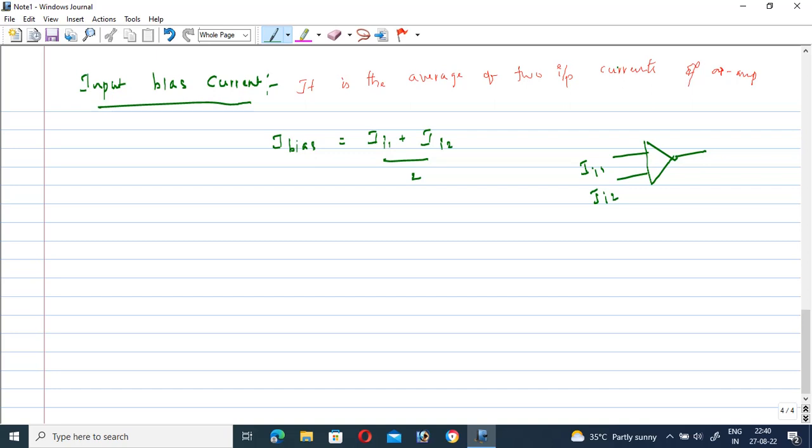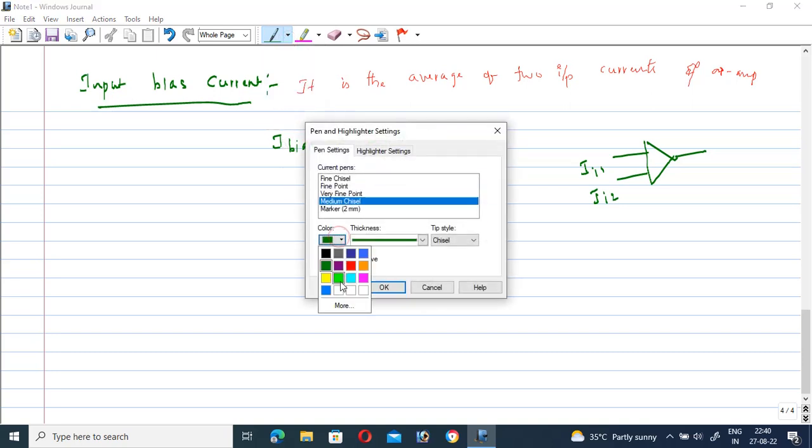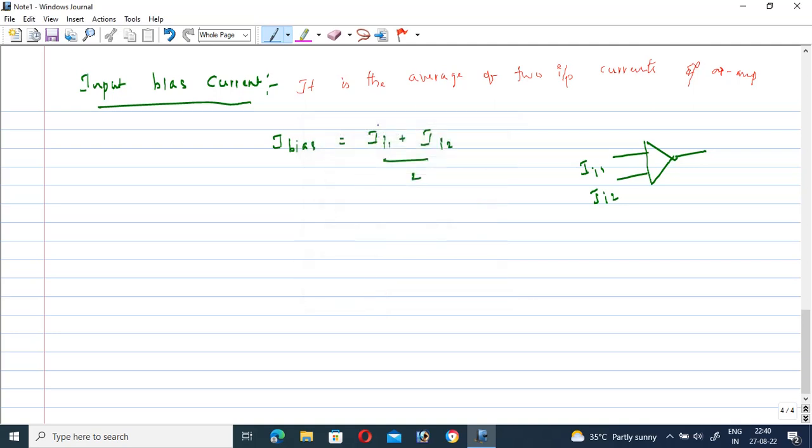Input offset current is the difference of two input currents of op amp. That is nothing but a difference operator.